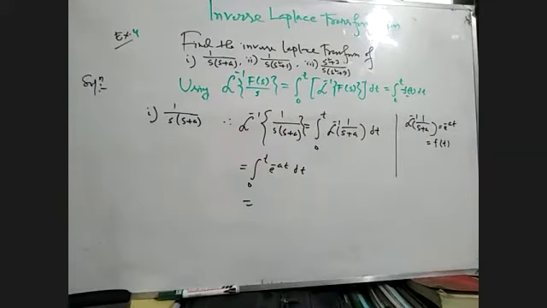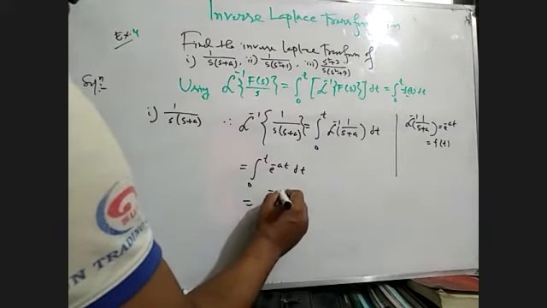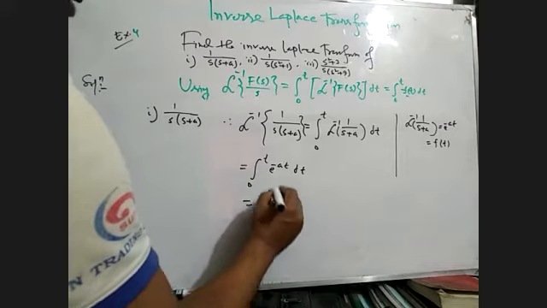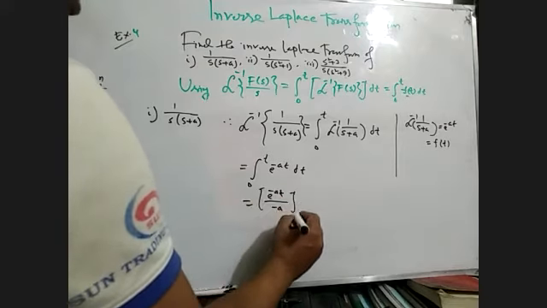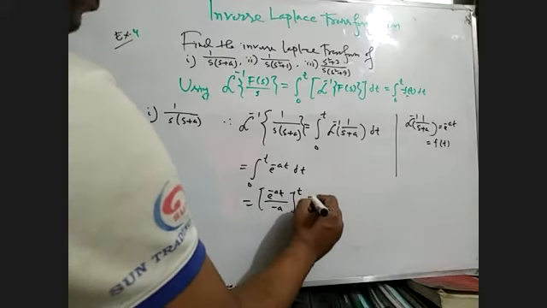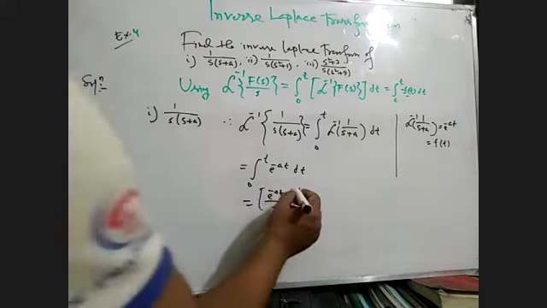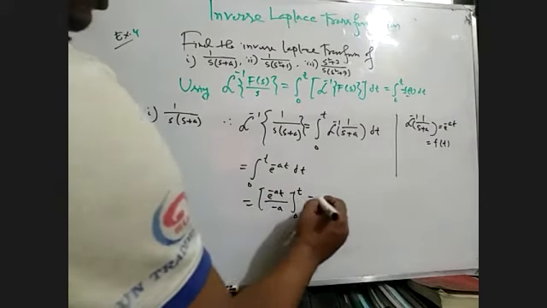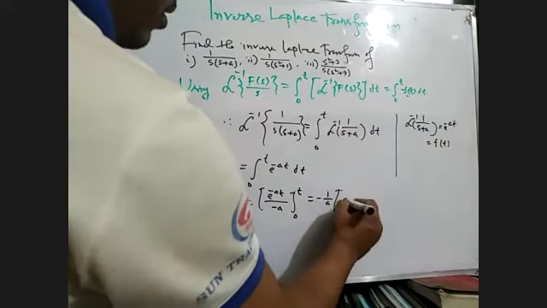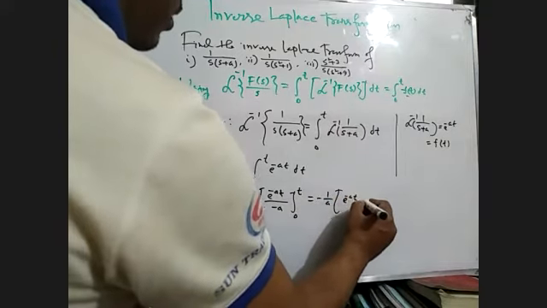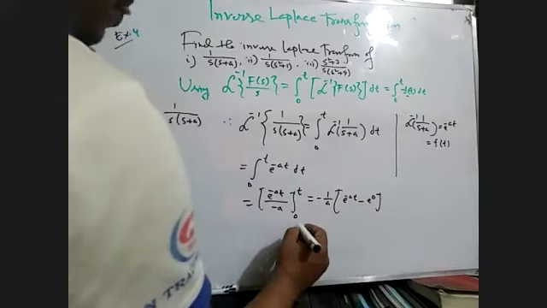Simple integration. This will be e to the power minus at, divided by the coefficient of t, then applying the upper limit and lower limit. Putting the upper limit t, we get 1 by a, minus e to the power 0, which is 1.